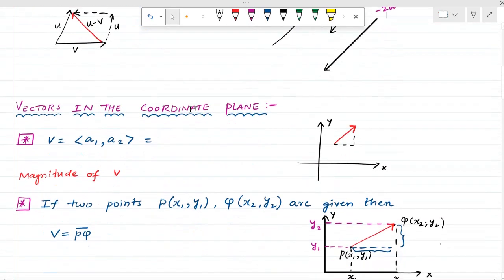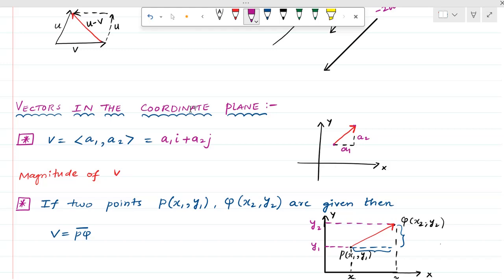Now, how will you write a vector in the coordinate plane? So this is the initial point and this is the terminal point, and a1 is the length in the x-axis, a2 is the length in the y-axis. So any vector can be written as a1 comma a2, or we can write it as a1i plus a2j, since we are dealing with two dimensions, i and j.